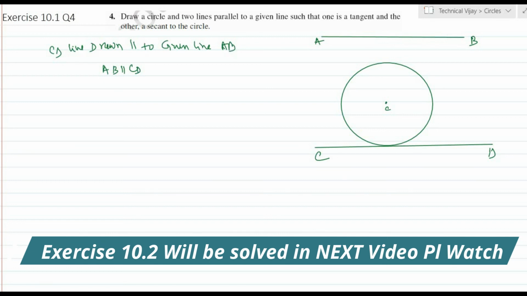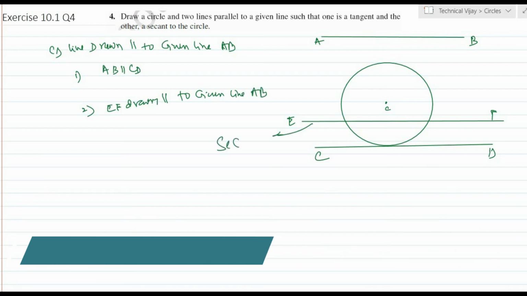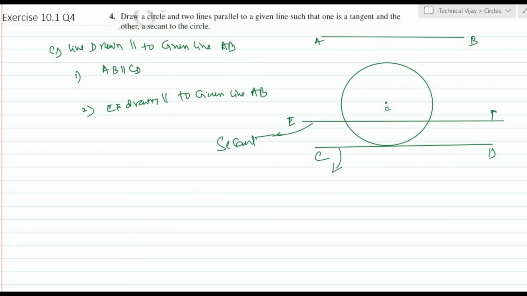Okay, so one line we have drawn. The second line we will draw is parallel to AB, and it has to be a secant. For example, this line I will call EF. EF is drawn parallel to the given line. So this is called the secant and this is called the tangent.